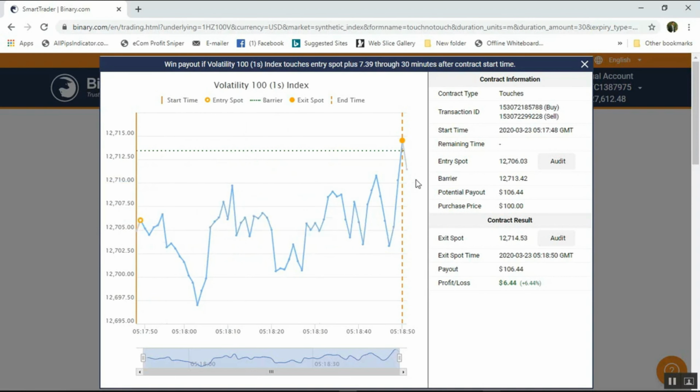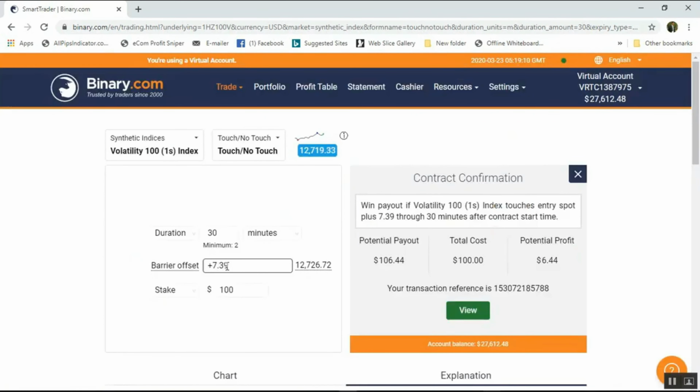So let me explain this now. The barrier offset is somewhere like 7 points, more like pips, or a size of space. Now I'll be making an opening of $6 profit because I staked $100 on this touch or no touch option package.